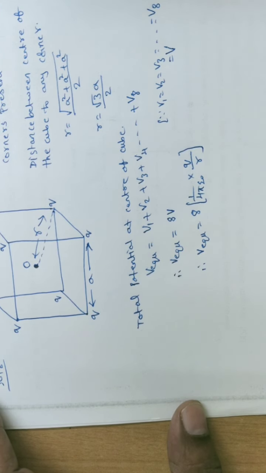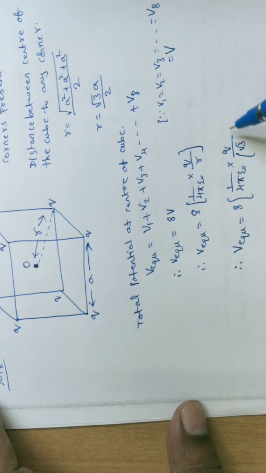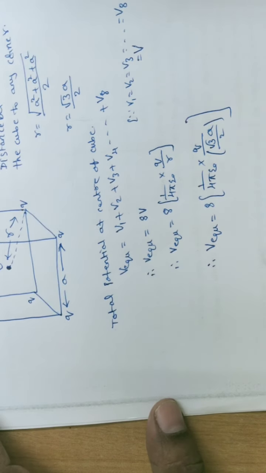Now V equivalent is equal to 8 into 1 by 4 pi epsilon naught into q, and we already got the value r, which is root 3 a divided by 2. On simplification, V equivalent is equal to 8 into 1 by 4 pi epsilon naught into 2q divided by root 3 a.